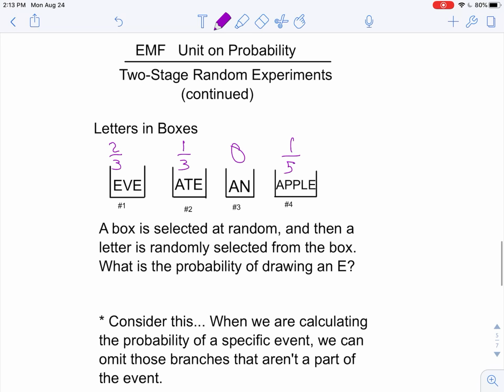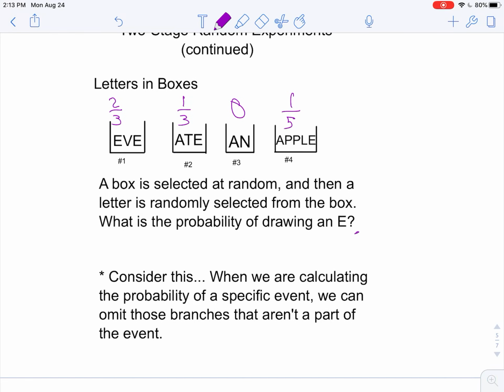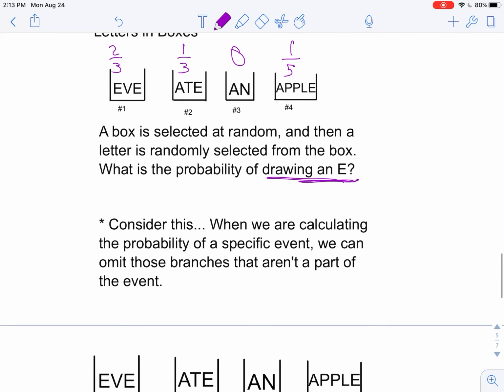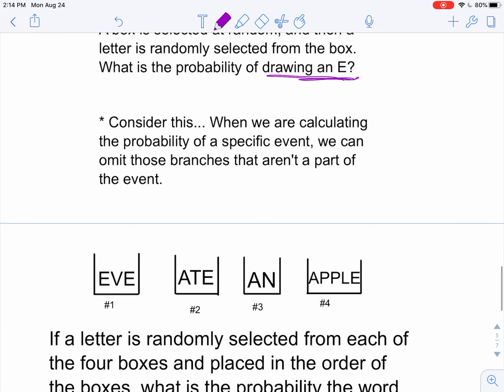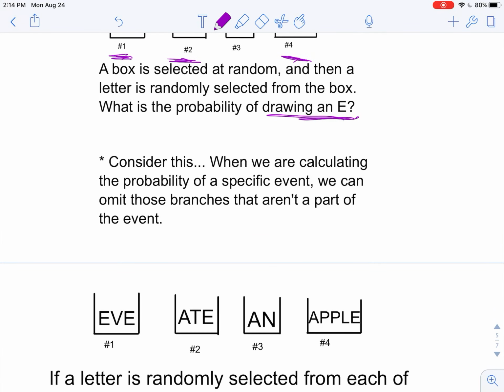Now, keeping that in mind, I'm trying to figure out the probability of drawing an E. All I really have to do here is find the probability of drawing an E from here, plus drawing an E from here, plus drawing an E from here, with the idea again that each box is getting drawn 1/4 of the time.